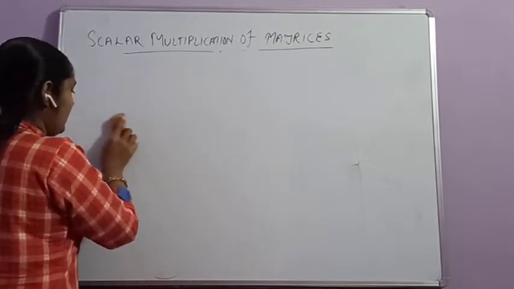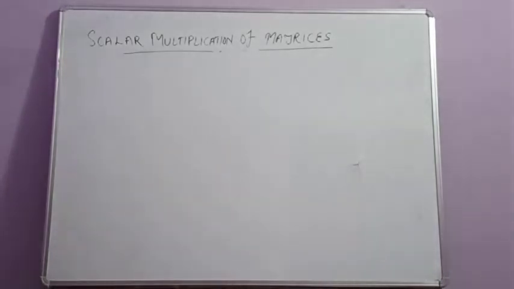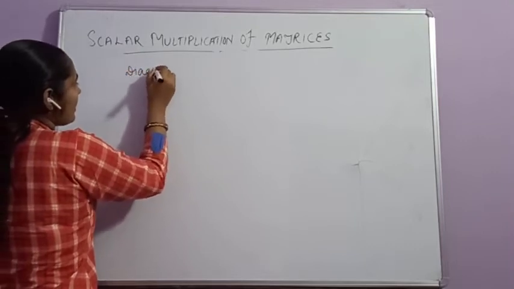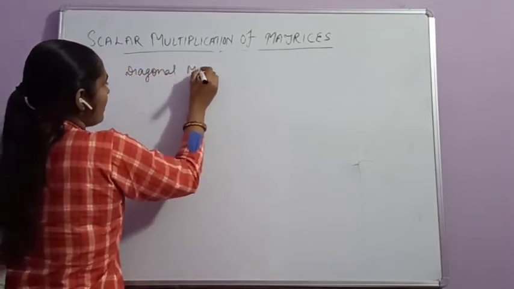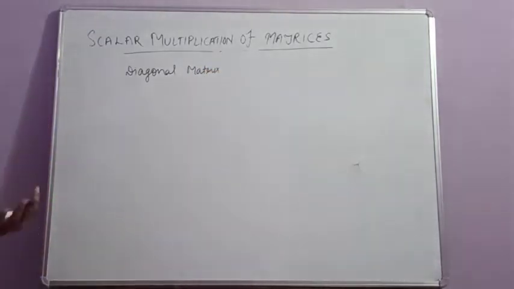If we multiply a diagonal matrix by a scalar, and we know that in a diagonal matrix all elements other than principal diagonal elements are equal to 0.